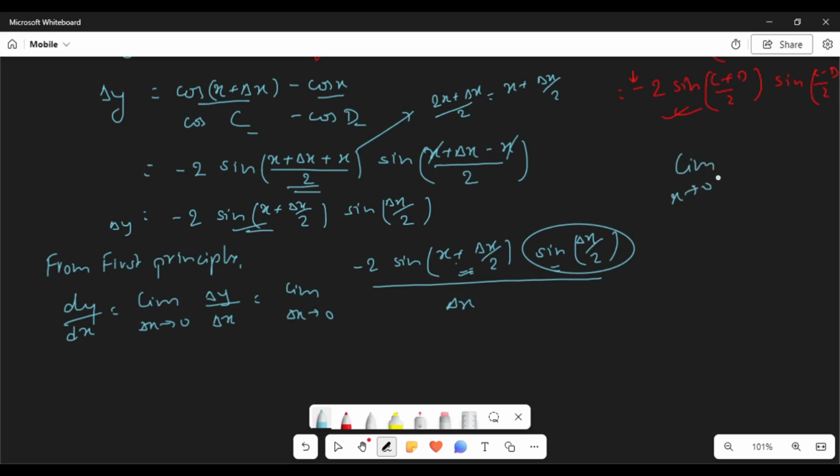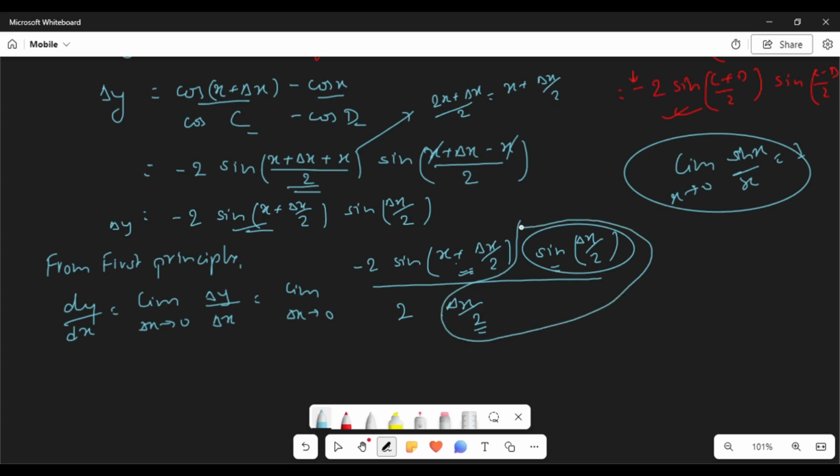Limit x approaches 0, sine x by x equals 1. So here it's del x by 2, so we'll have to make the denominator del x by 2. To balance these two, we need a 2 here. So now this limit will be 1.